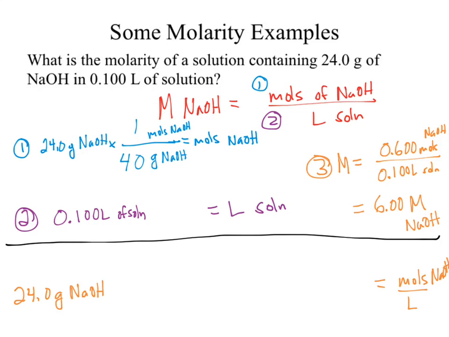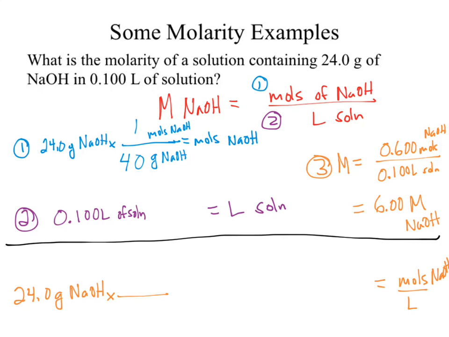In the numerator. Which means when I start my calculation, where should the NaOH show up? In the numerator. Otherwise, I'm going to end up putting it into the wrong spot. Okay? What unit do I want for my NaOH? Moles of NaOH.